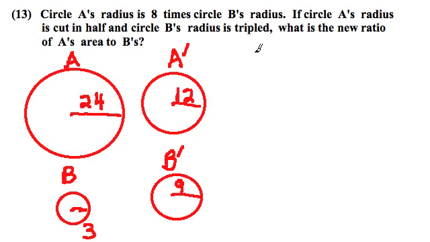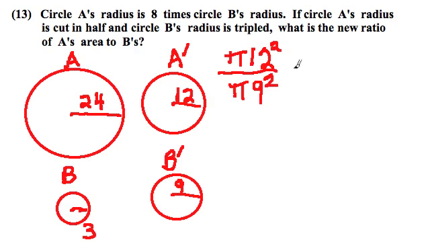What is the new ratio of their areas? Well, area is pi r squared. It should have been the ratio of A's area to B's area. So this is pi times 12 squared over pi times 9 squared.